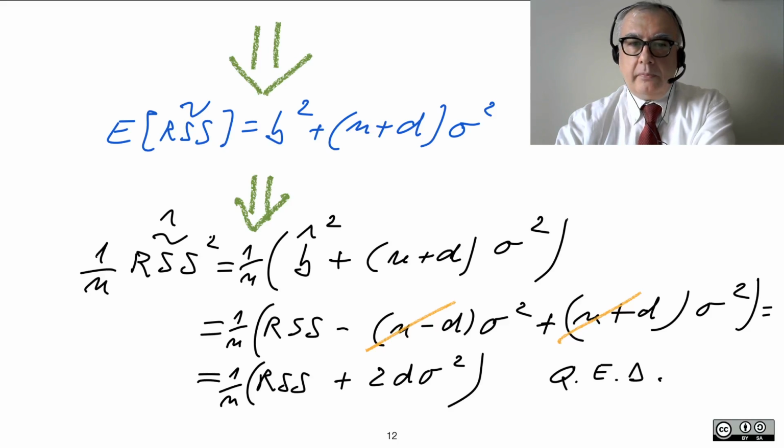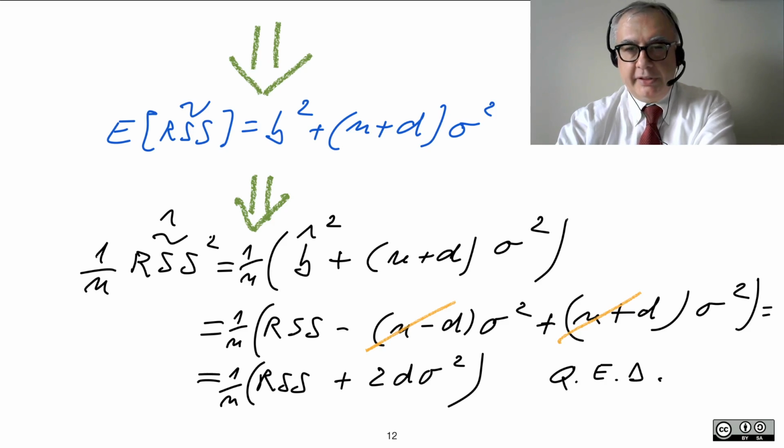Okay, we have an estimate for beta squared. So we can plug it into this expression, and I divide by n, but this is not essential. In place of beta squared, I'm plugging its estimate.